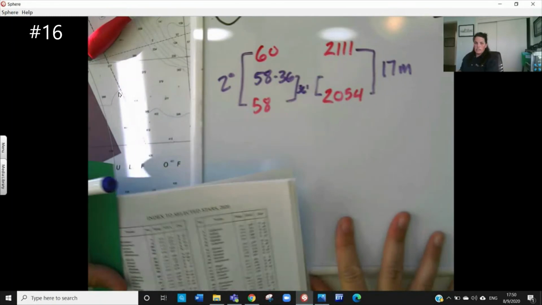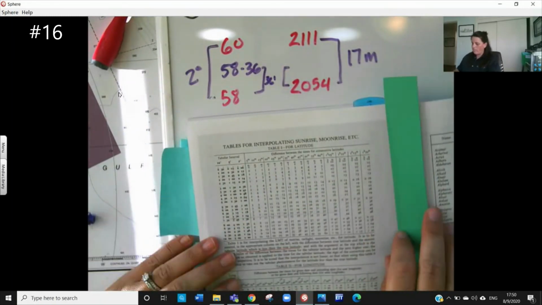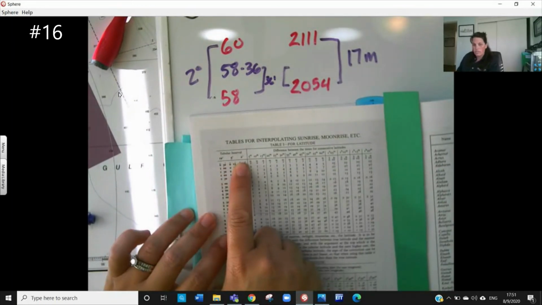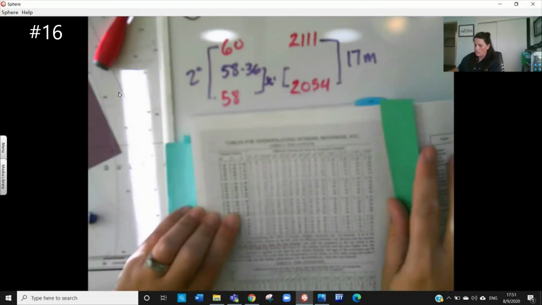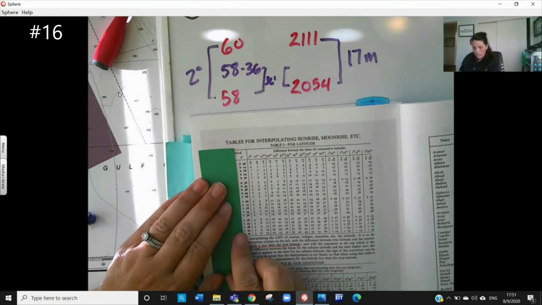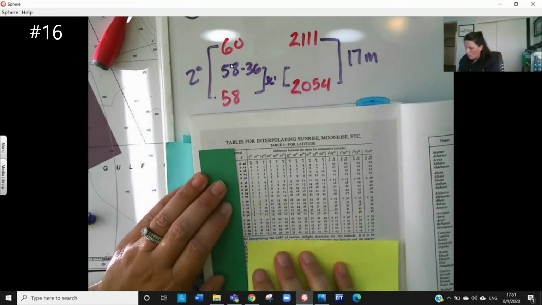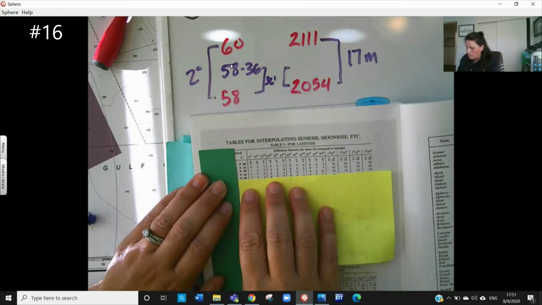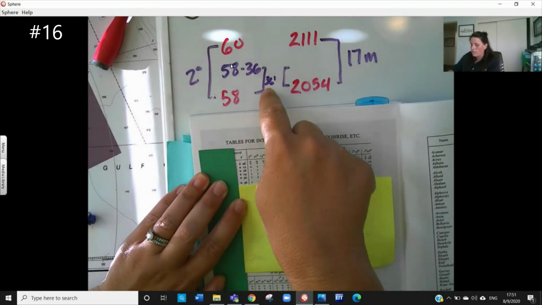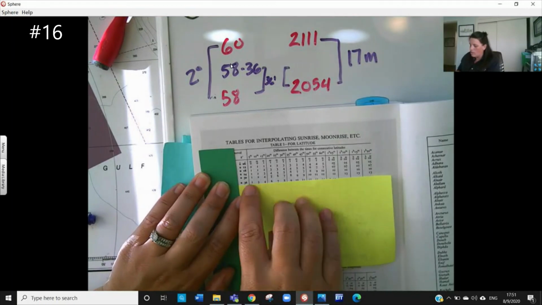If we use this information and go to our table, we have a tabular interval of 2, so we're in the 2 column. Then we have 0 degrees 36 as our interval between the 58 and our actual latitude, so we're in this column.